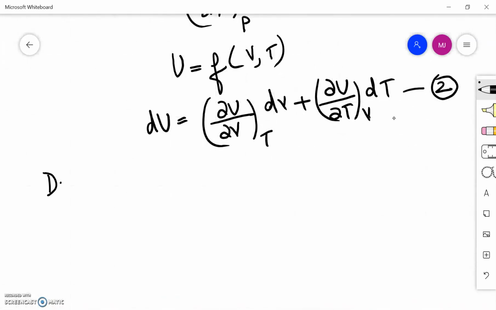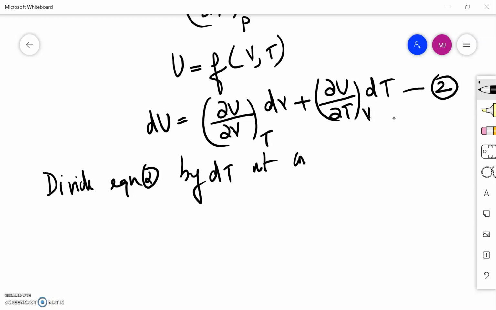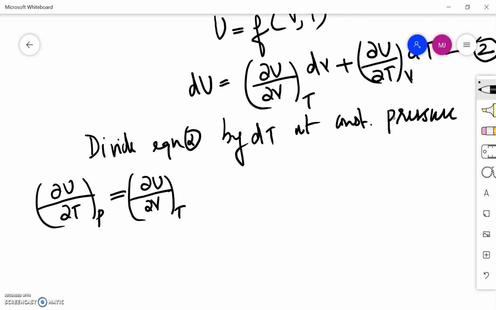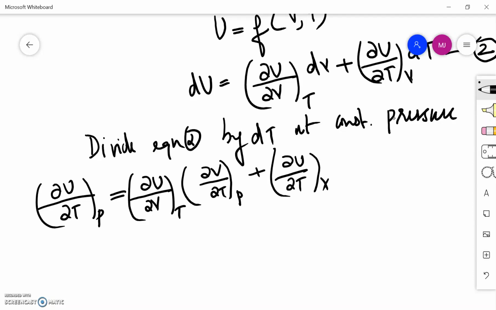Now I'm going to divide equation 2 by dT at constant pressure, so that the equation becomes ∂U/∂T at constant pressure equal to ∂U/∂V at constant temperature into ∂V/∂T at constant pressure plus ∂U/∂T at constant volume.